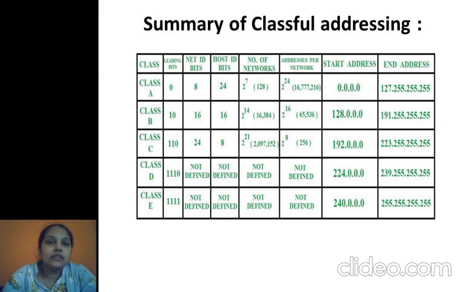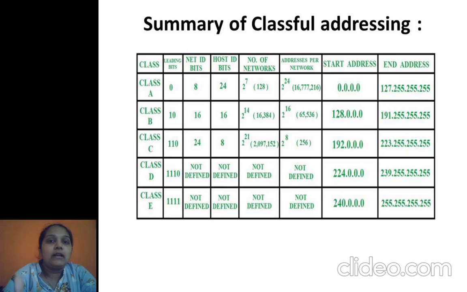Then 2 raised to 21 for class C in the network ID. The addresses per network are 2 raised to 24, 2 raised to 16, and 2 raised to 8. All this calculation is written in the classes we discussed.